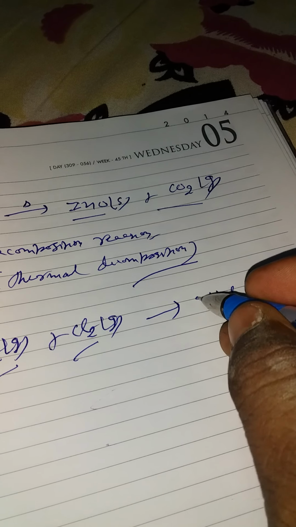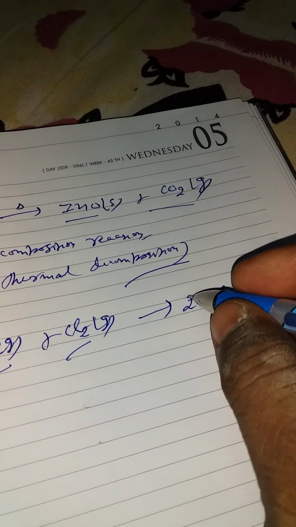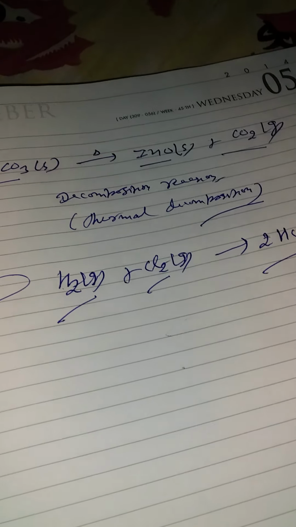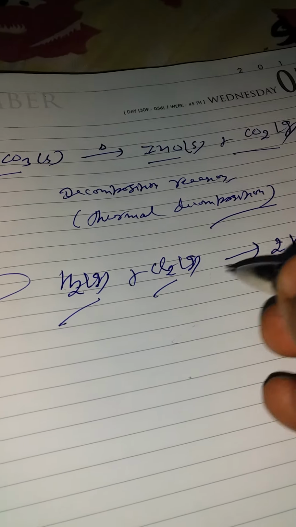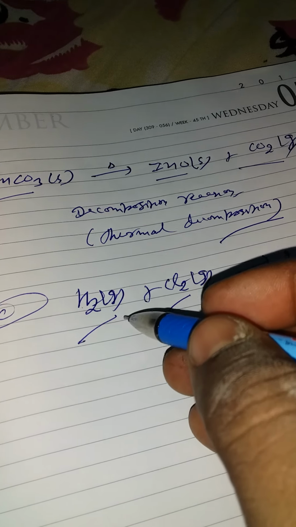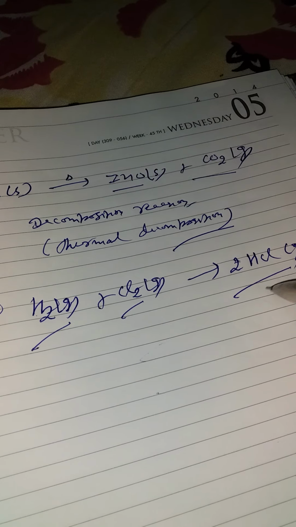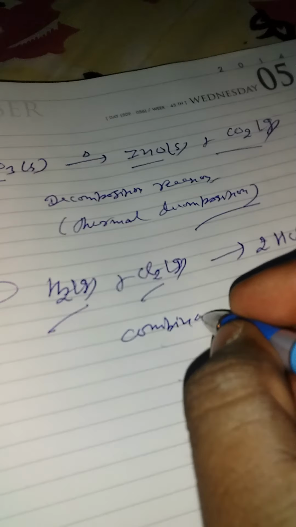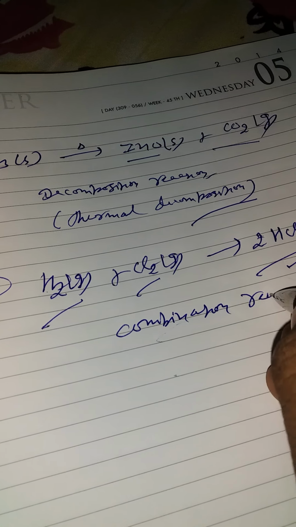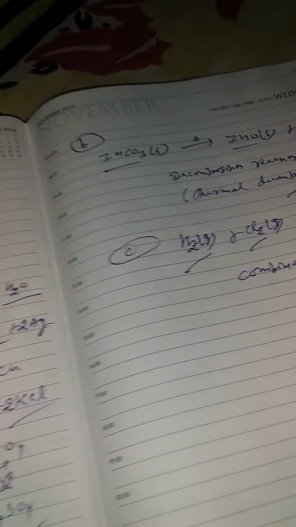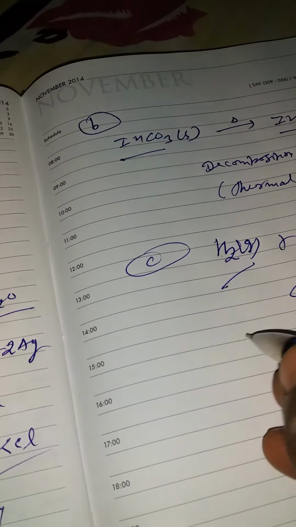So we use 2 as a coefficient, which is responsible for balancing this chemical equation. Here we see that 2 chemical substances combine to form a single product, so it is a combination reaction.